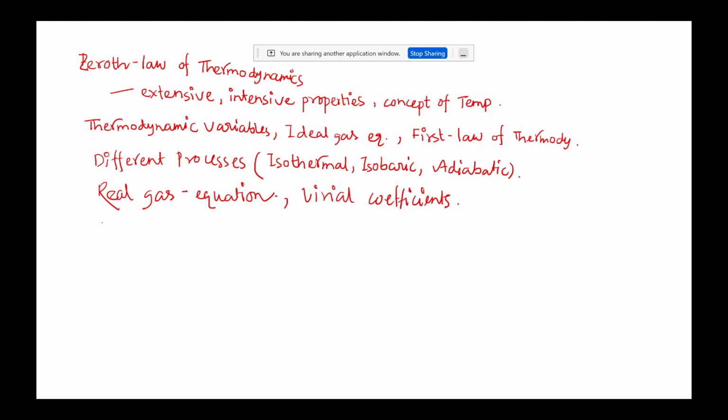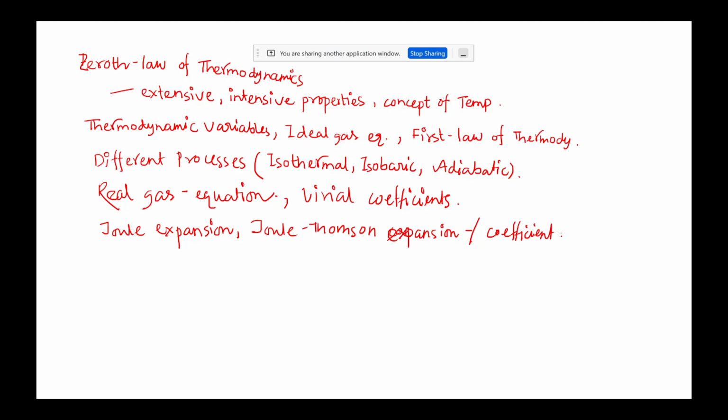Then we shifted our focus to different expansions, like Joule expansion and Joule-Thomson expansion. We also learned about the Joule-Thomson coefficient, to know how temperature changes according to the intrinsic system properties.